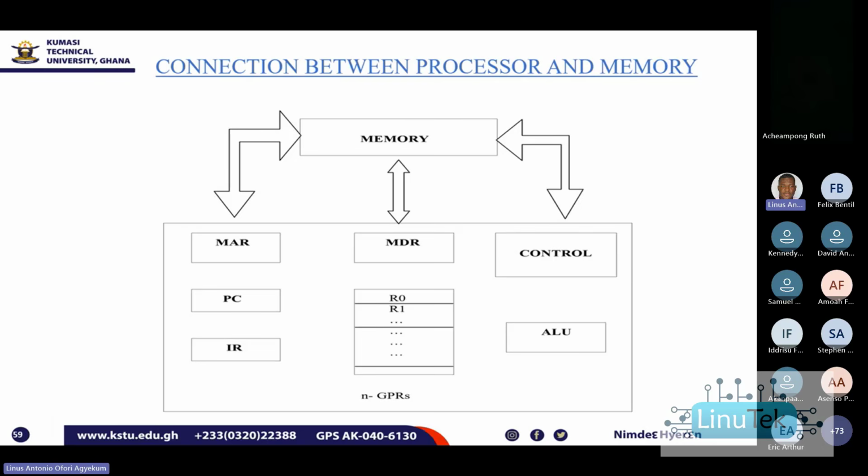Now, during the execution of an instruction, the instruction that is being executed at a particular moment is done using the instruction register. Whilst that instruction is being executed with the coordination of the instruction register, the program counter points to the next instruction within the memory that would be fetched and executed.